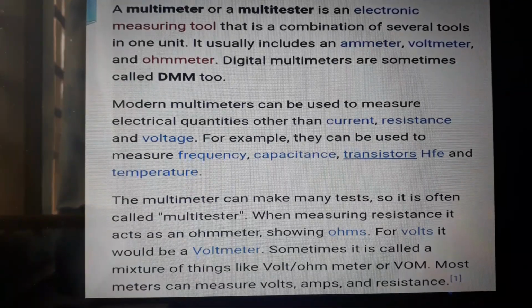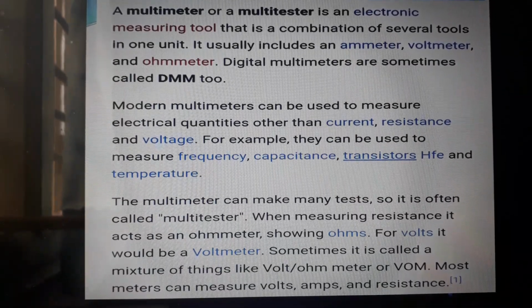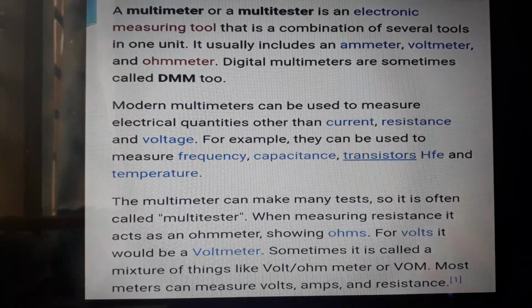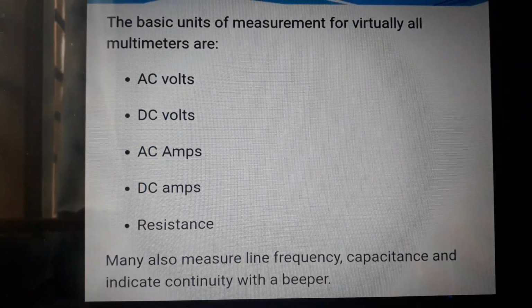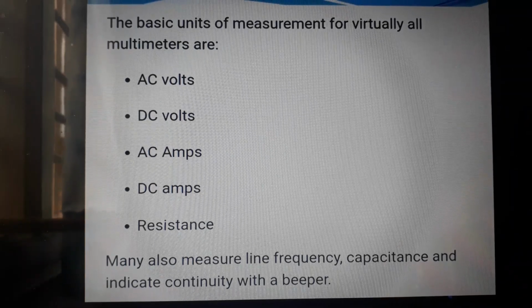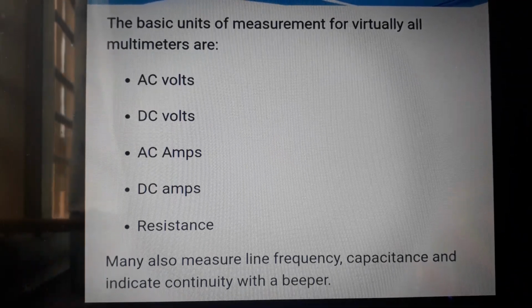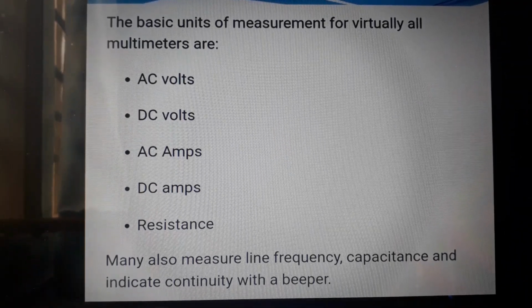Most meters measure voltages, amperes, that is current, and resistances, which are the basic units of measuring for virtually all multimeters.